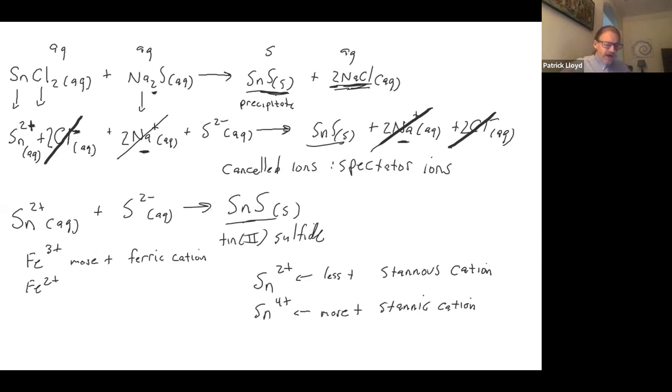You could call it iron(III). So that's how we would say it in English, but if we want to use the older Latin system, we would call it the ferric cation. -ic if it's more positive, -ous if it's less positive. So this is less positive. So ferrous cation, which I think is cool, especially as I get older.